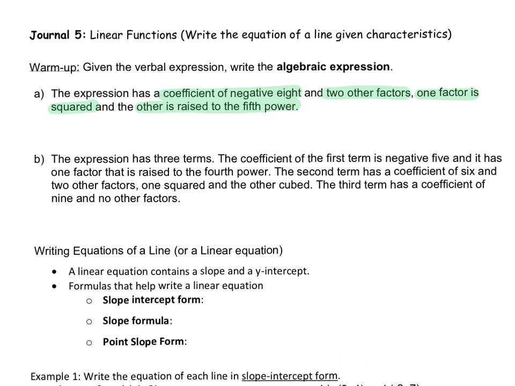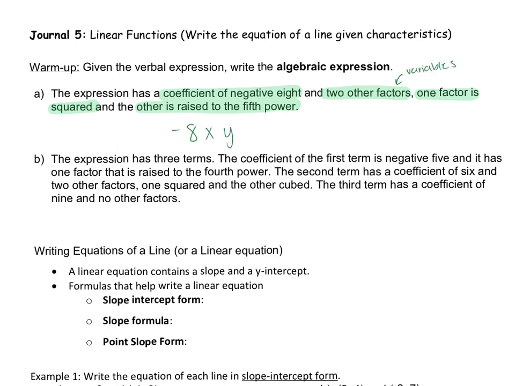So when I'm looking at this, I'm like, okay, perhaps in this case I'm going to need a -8. Oh, sorry, that is very thick. A -8, because it says a -8 coefficient. Two other factors. You might remember that factors are represented using variables from a previous video.